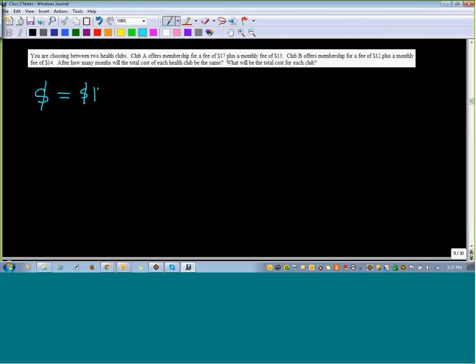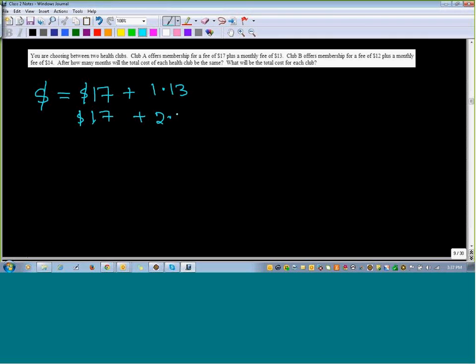If you go n number of months, you pay your membership plus n number of months times 13. That would be your equation. So the money you would pay for the first club is 17 plus 13x, right? That's how much you would pay.